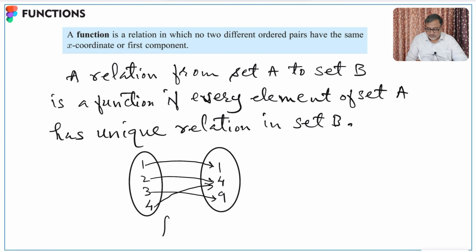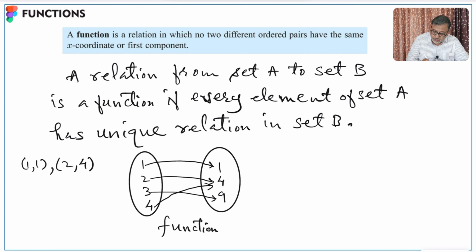This is a function. Right? According to the above definition, which is in the blue shaded part, I will write the ordered pairs: 1 comma 1, 2 comma 4, 3 comma 9 and 4 comma 4.